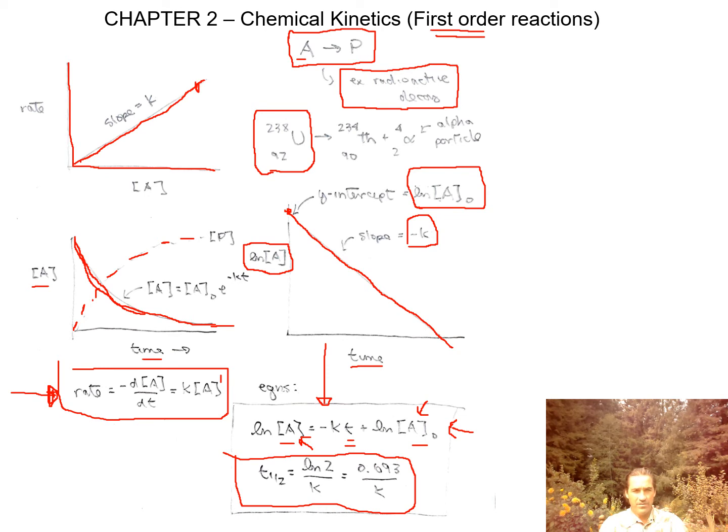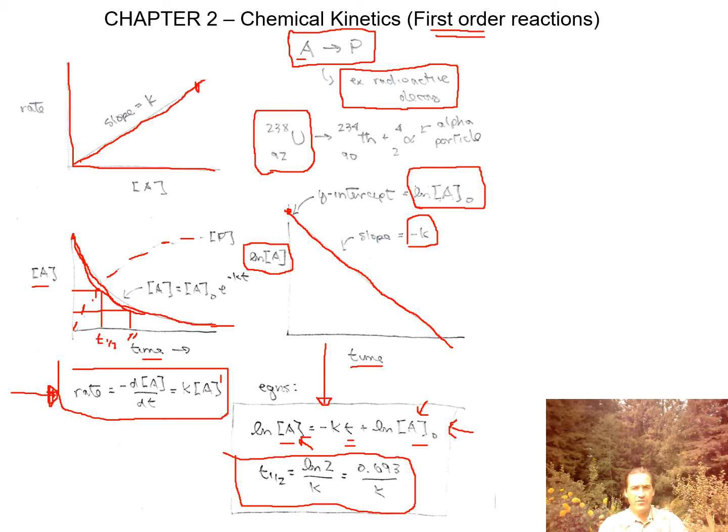And we also have the half-life equation here, where the half-life is how long it takes to get halfway, so this would be the first half-life, this would be the second half-life, and so on. If this was A naught up here, this would be half. This would be the first half-life. This would be the second half-life, and so on.